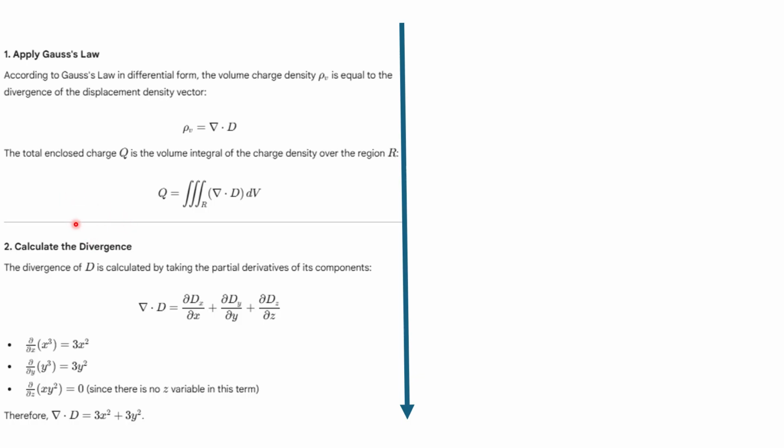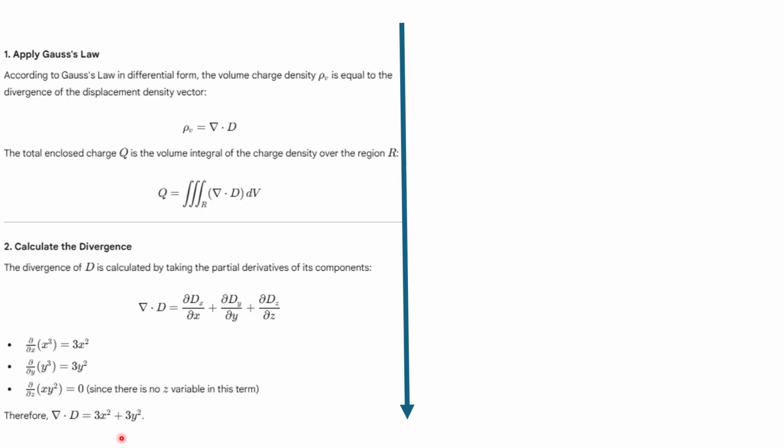So first let's get the rho v. In order to get rho v, that is charge density, just use this divergence technique, divergence of D, which is a scalar quantity. So just differentiate it, dDx by dx plus dDy by dy plus dDz by dz, and get it. So this is your charge density, right?